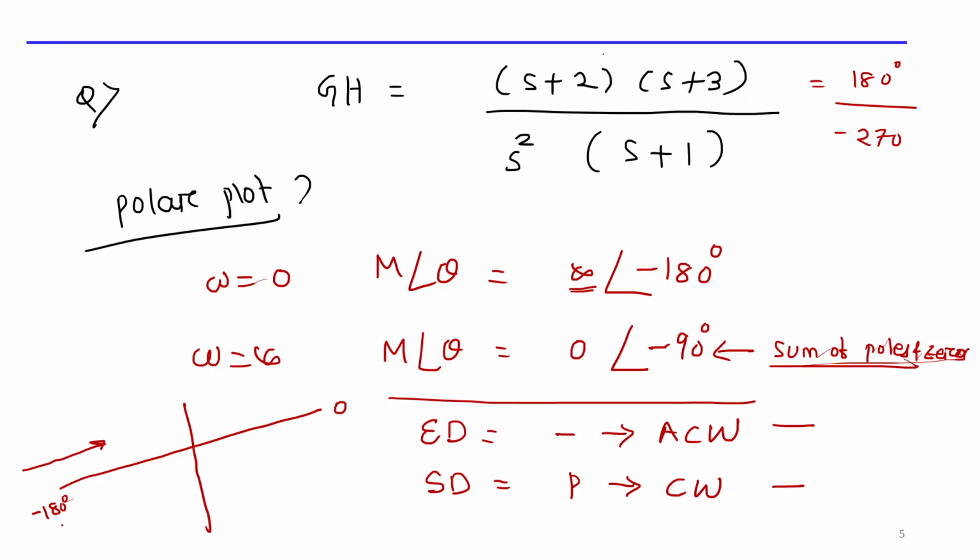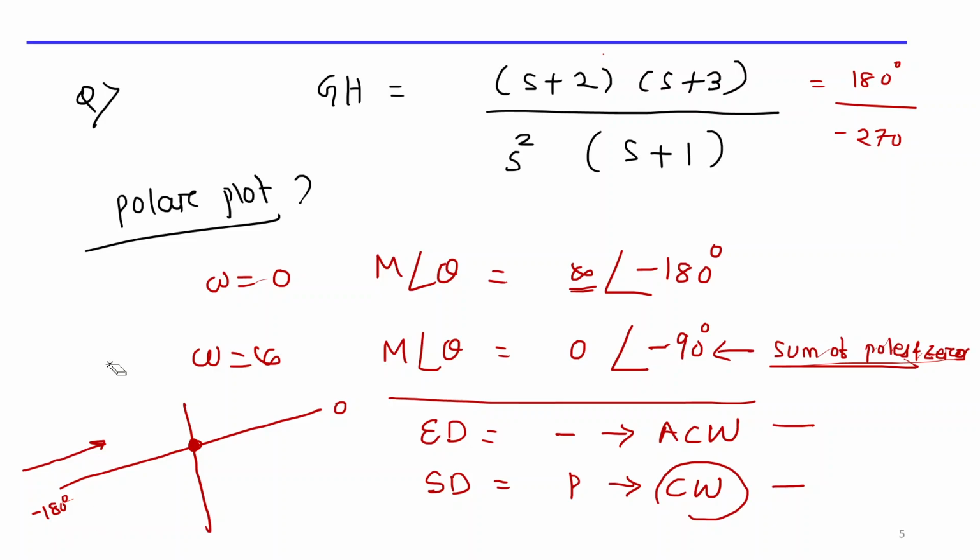One person can also start at -180 infinity from the bottom side, but you have to see the starting direction. What is the starting direction? Clockwise, and you have to end in anti-clockwise, but where do you have to end? At the origin, reaching 0 with an angle of -90 degrees.